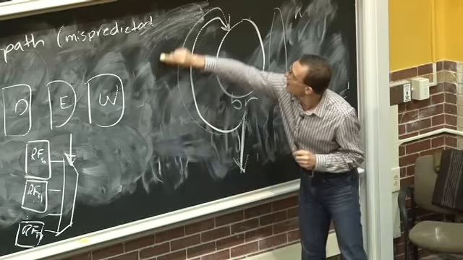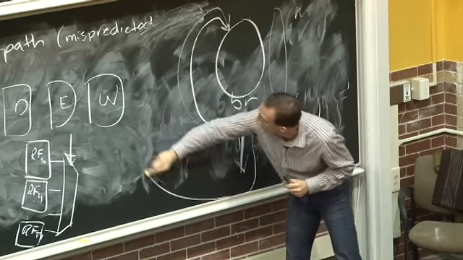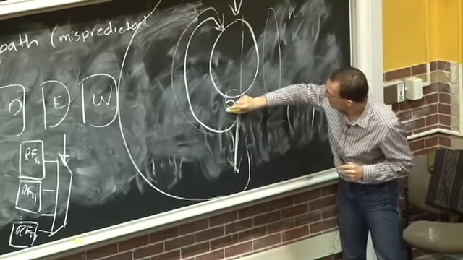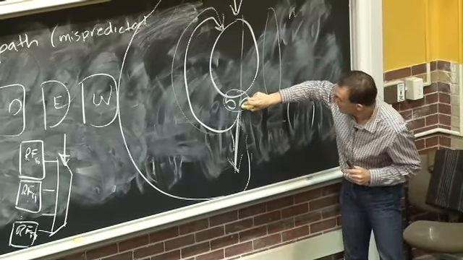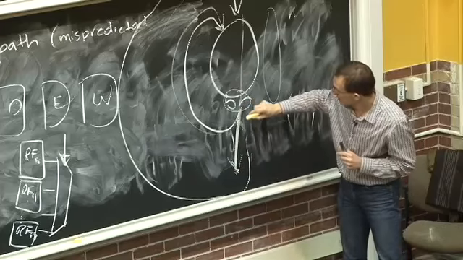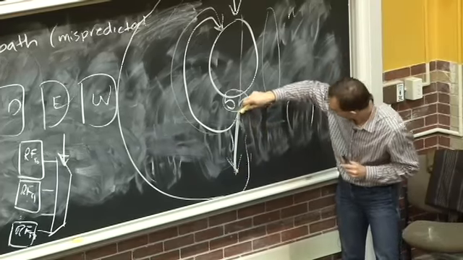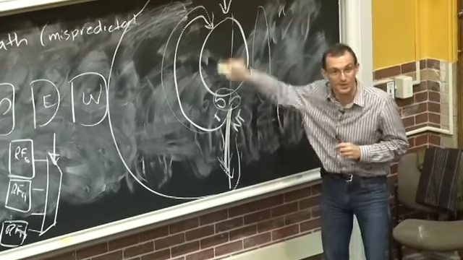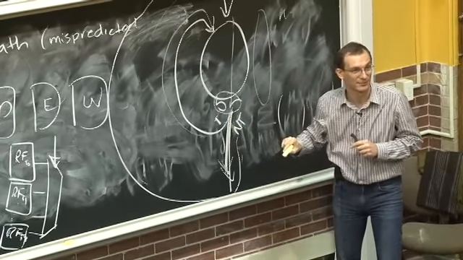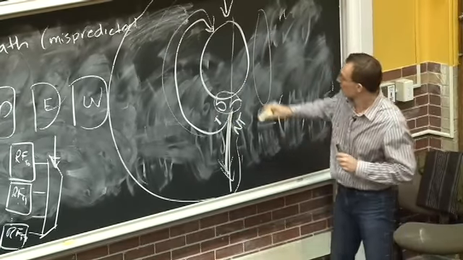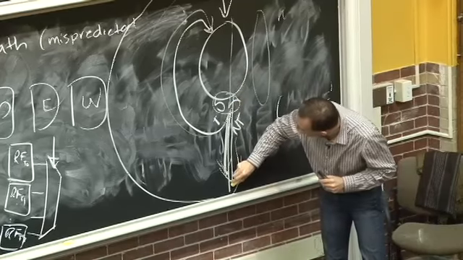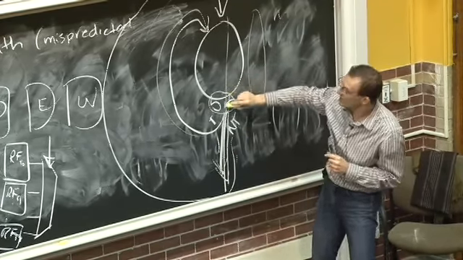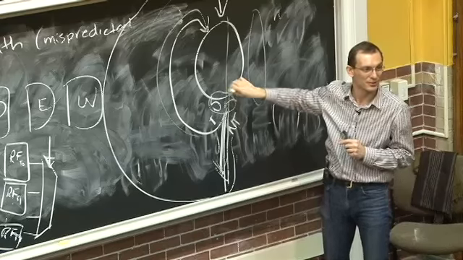The next time you come to the loop, let's say there's an outer loop here, you execute the loop again, you come to the branch, you mispredict because the last time you executed this loop, you fell through, which is not taken. But you should go taken this time, assuming the loop is biased towards taken. Make sense? So you mispredict the first time you exit the loop, and you mispredict the first iteration of the loop. So you mispredict twice.